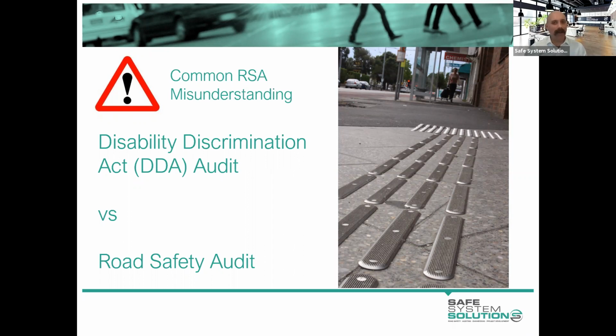I'll pop it in there, but I may just have it as a to note, or I might have it as an appendix and just say, by the way, I just noticed this while we were out there, but you should have a DDA compliance check done, or have a look into that stuff yourself. There might be scenarios where I actually have it in as a low risk or a medium risk or something like that, or even a high risk, depending on the scenario, the road users, and how it's all been configured.